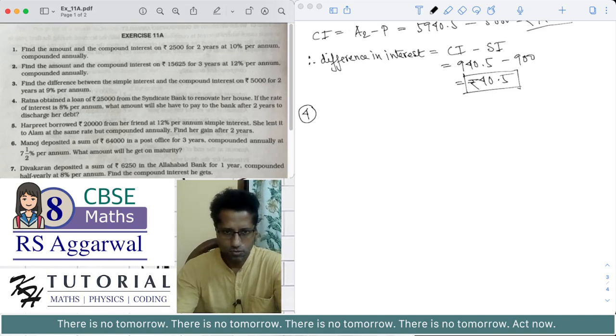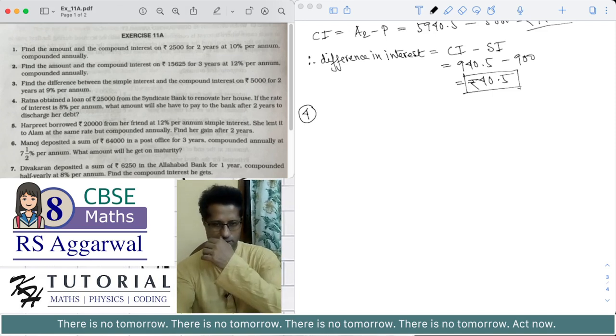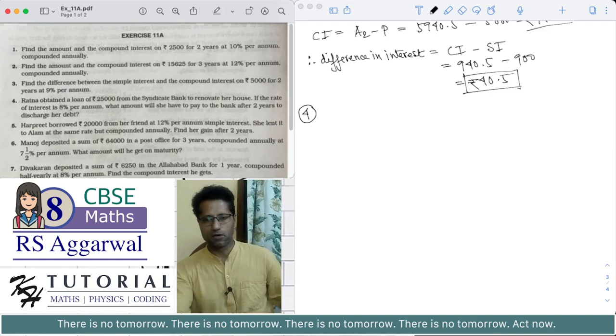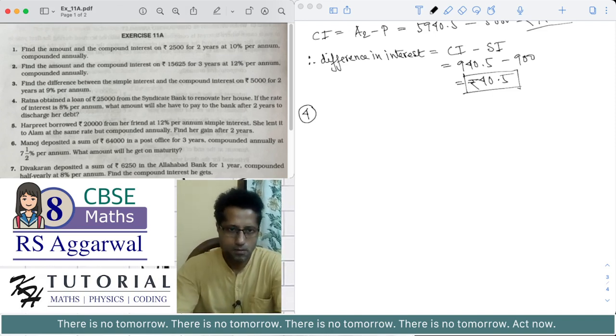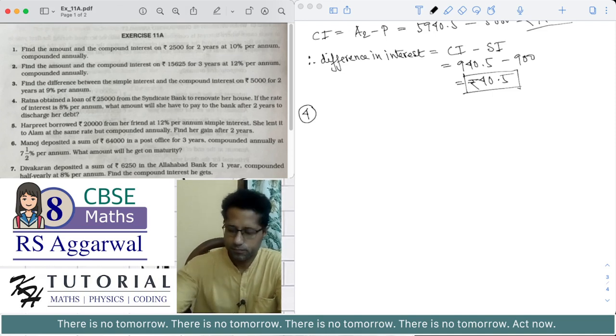The total amount to be paid will be equal to, okay, so basically obviously the interest calculated will be a compound interest, and since the unit of time is not given, it is assumed to be compounded annually.